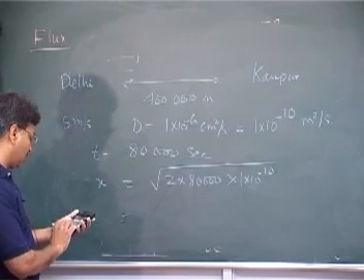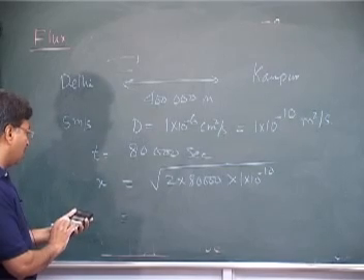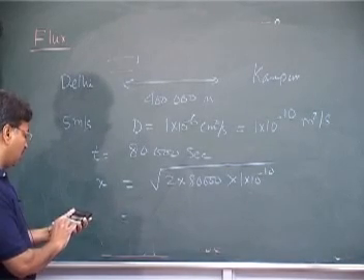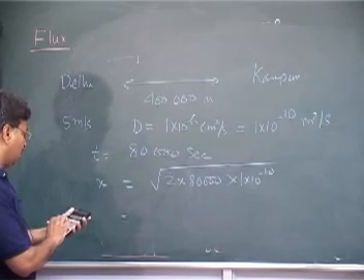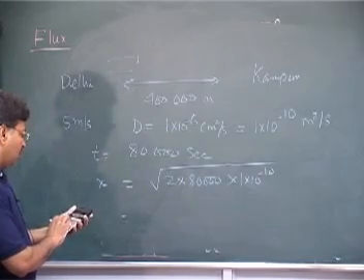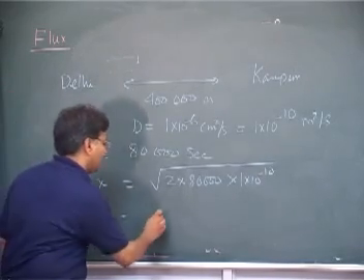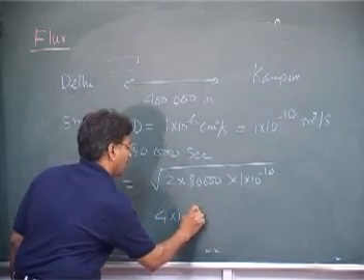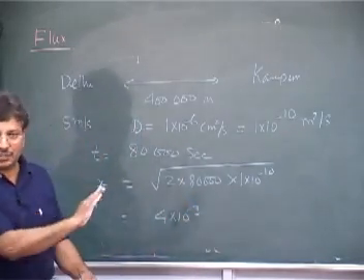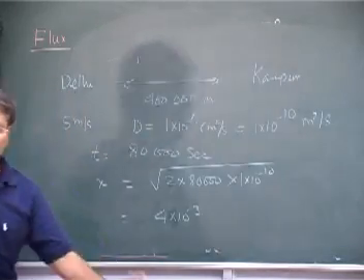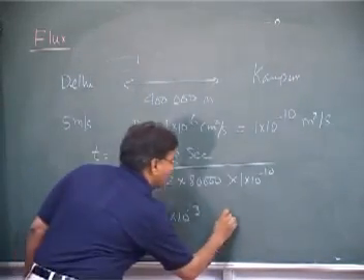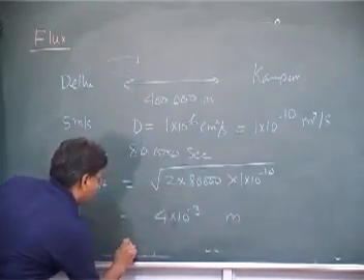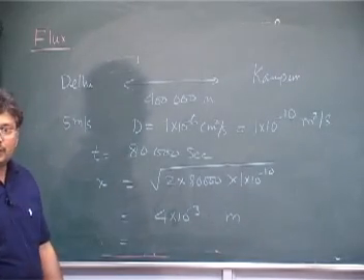How much? Somebody said 4 into 10 to the minus 3. We are assuming that to be correct, but even if it is wrong it doesn't matter. So that is in meters, or equal to 4 millimeters, right.